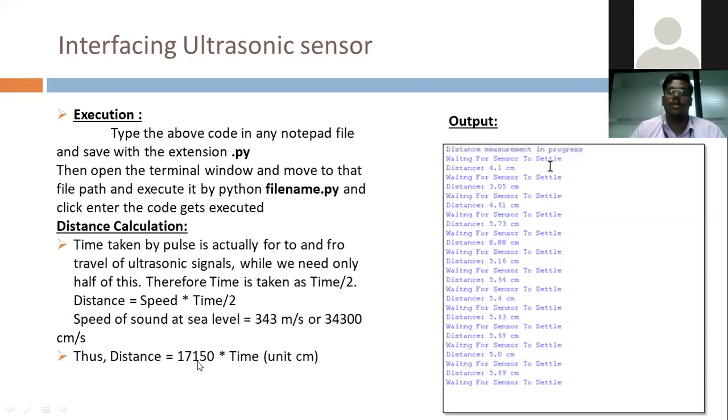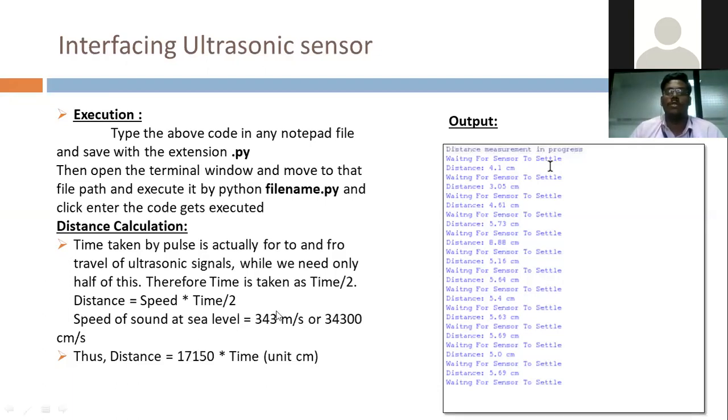Thus, distance equals 17150 times the time. The pulse travels from the transmitter to the object and then gets reflected and reaches the same point, so it has two time values. That's why we're dividing by 2, so we get only the distance from the start point to the object.